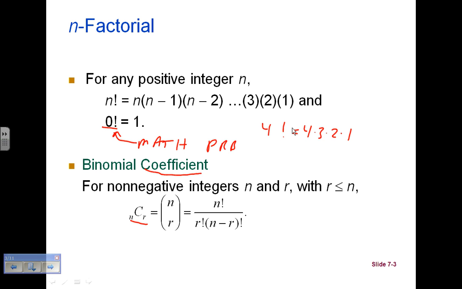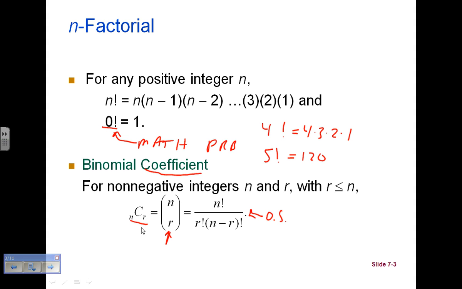It's kind of a cool button to play around with. You put 5 factorial and you'll get 120. So 5 factorial equals 120. You can give it a shot if you want. This is the old school way of doing it. But since you have a calculator, we just talked about how to do it, that N and R work. Now for some reason, something didn't work when I did that.